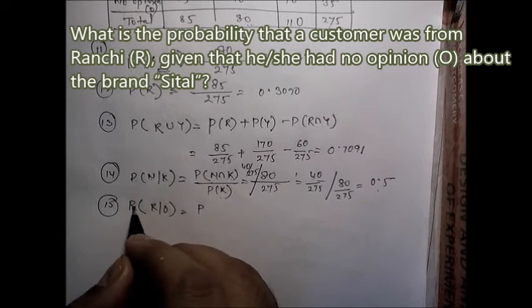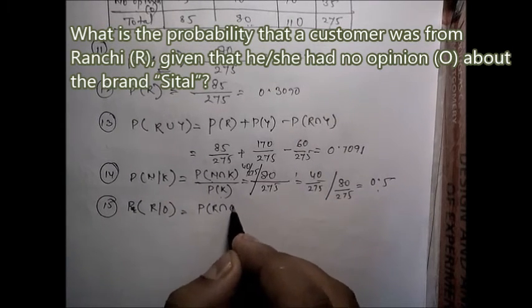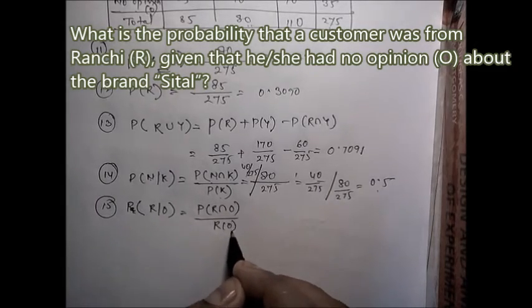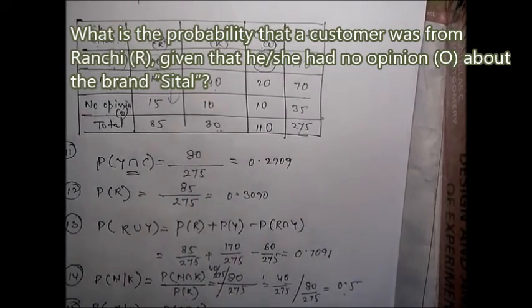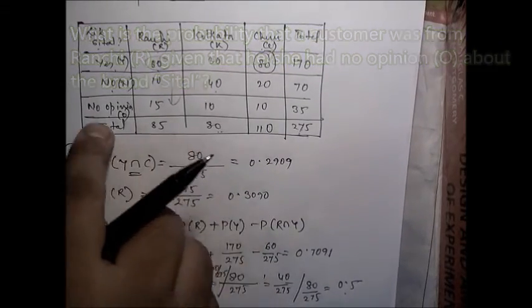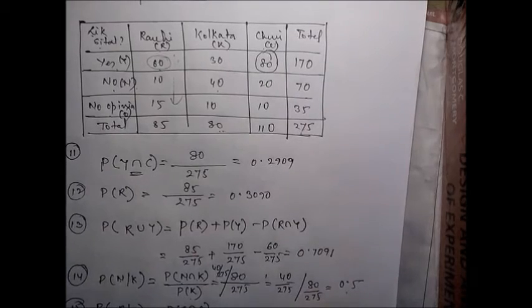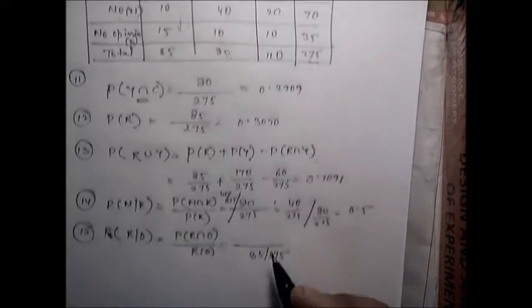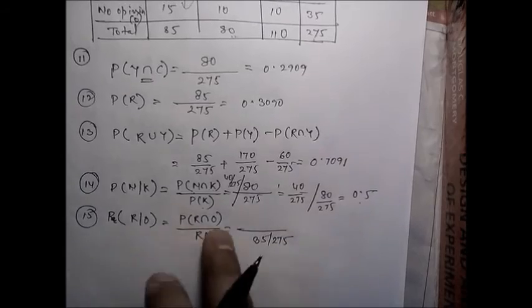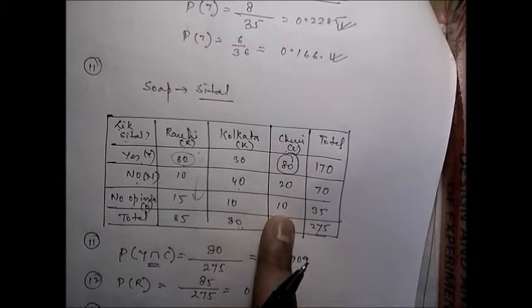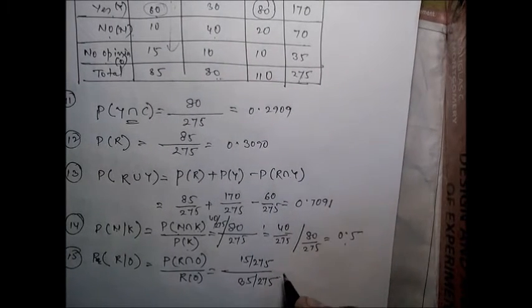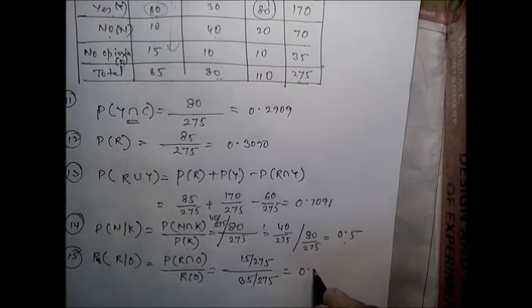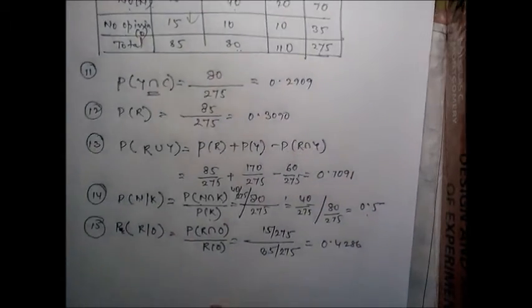So probability of R intersection O divided by probability of O. Probability of O, no opinion, is 35 by 275. And Ranchi intersection no opinion is 15 by 275. The answer is 0.4286.